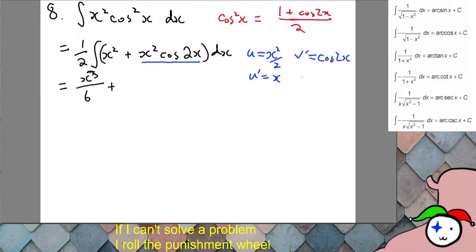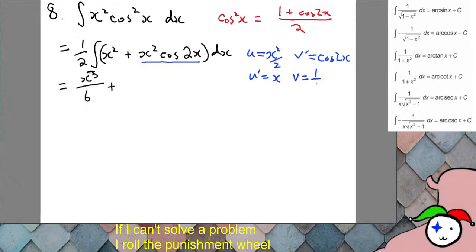Integral of that would give you, I believe, half times the sine of 2x. Right? Yes, because it's integral cos to sine. There's no minuses.